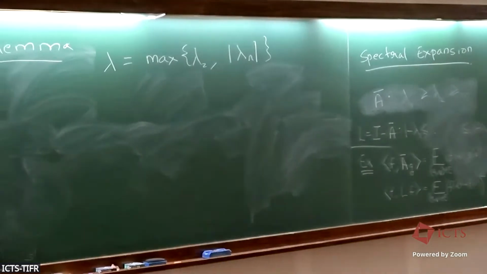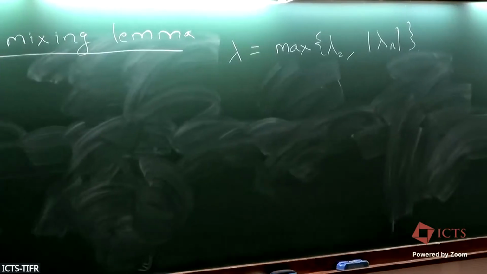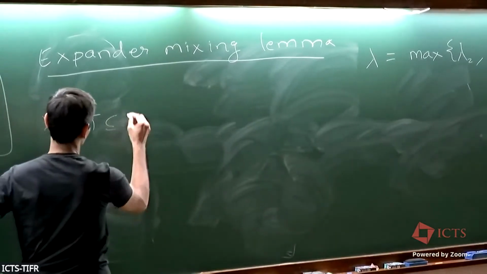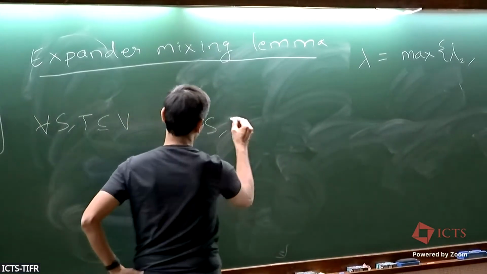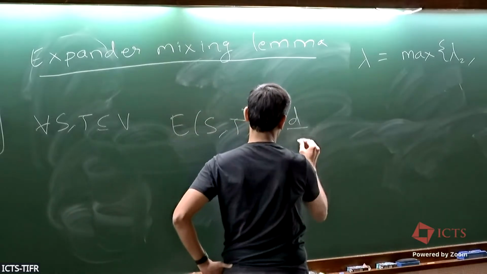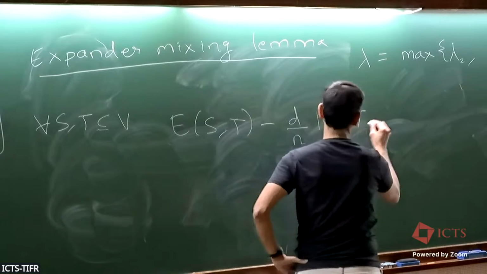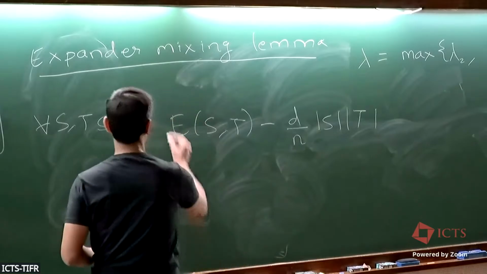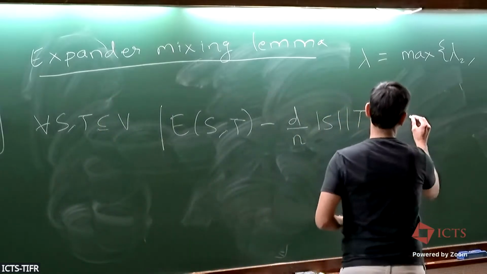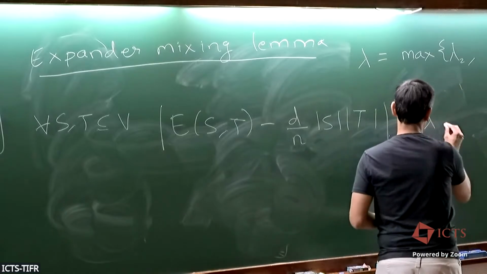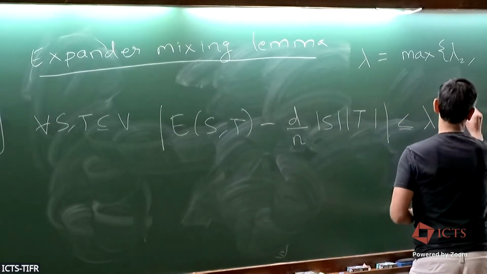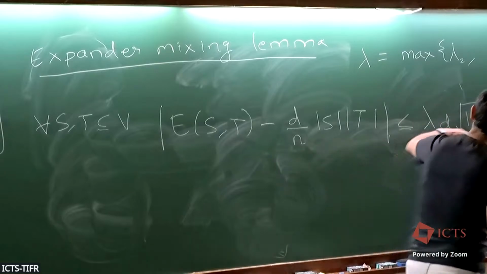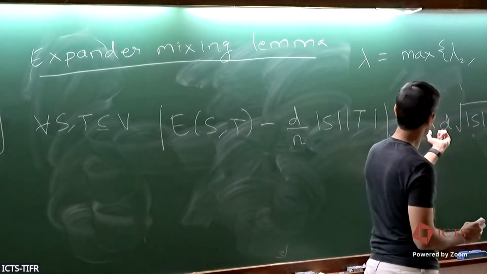The expander mixing lemma says that for any subsets S and T, the number of edges between S and T is close to this number, P over N times size of S times size of T. We'll interpret this number in a minute. Minus up to a small error term, where the error term we should think of as small when lambda is small.